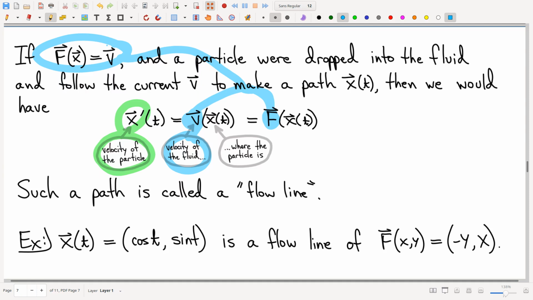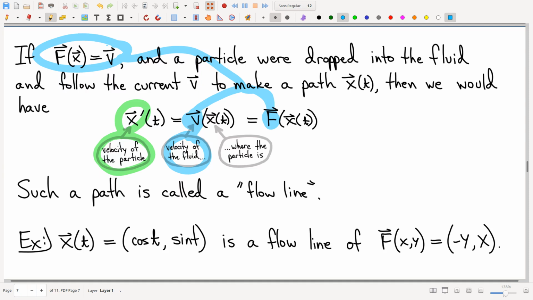Now wait a minute, the velocity of the fluid may be going various different directions in different places. So if I've got a particle here, and I want to know what velocity that particle is moving with, and I say, yeah, well, it's the velocity of the water, I mean the velocity of the water at that same point we're at. I don't care what the velocity of the water is over here. Right?